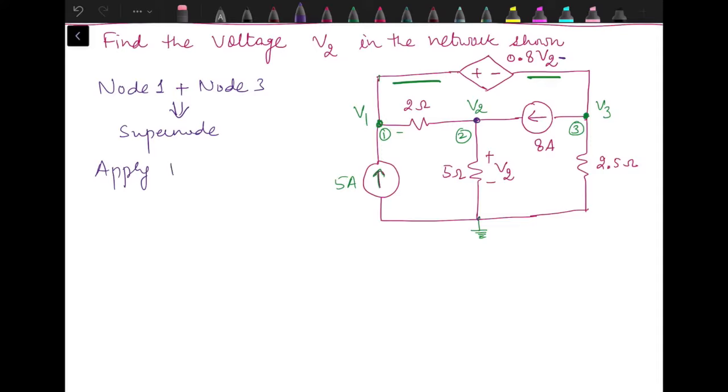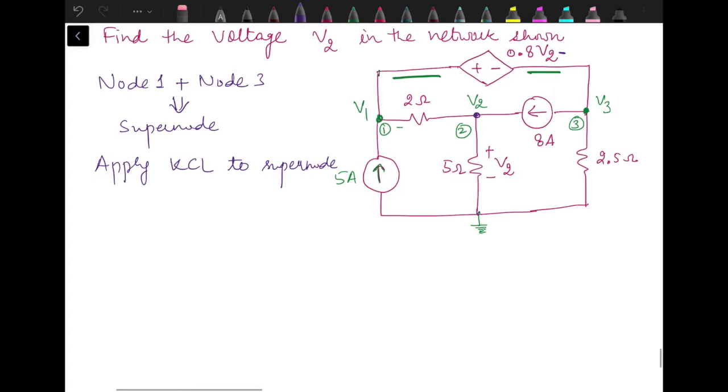Then we have to apply KCL to the supernode. So when we apply KCL to the supernode, we have 5 ampere current entering node 1. We don't know the direction of current through 2 ohm. Let's assume it is outgoing. Then moving to node 3, 8 ampere is leaving node 3.